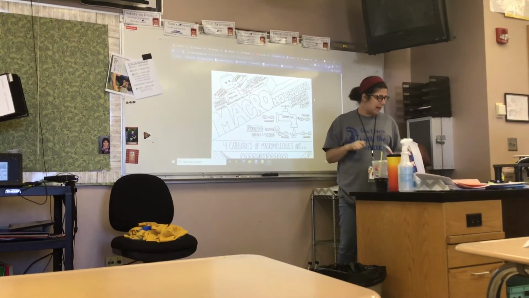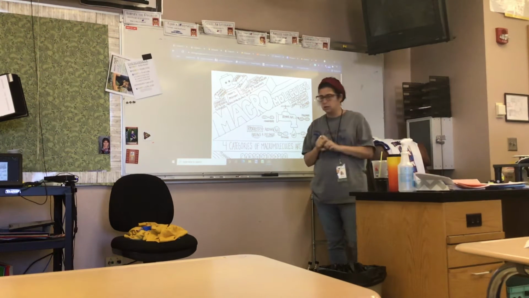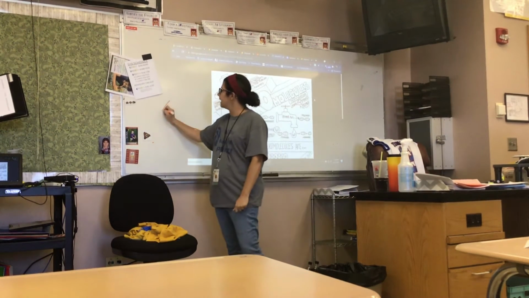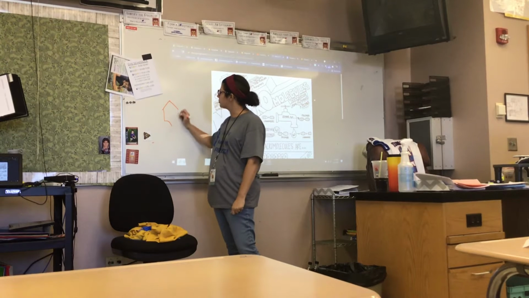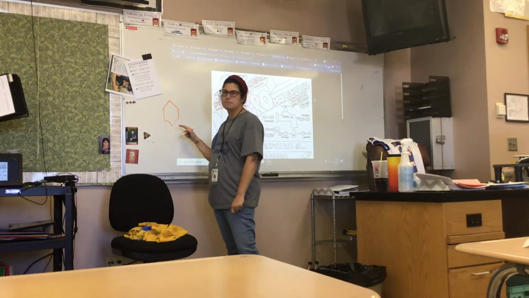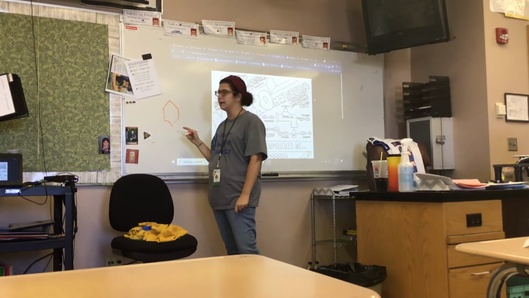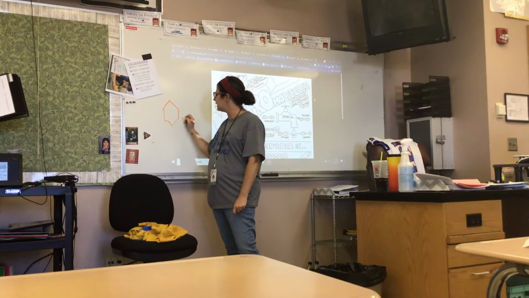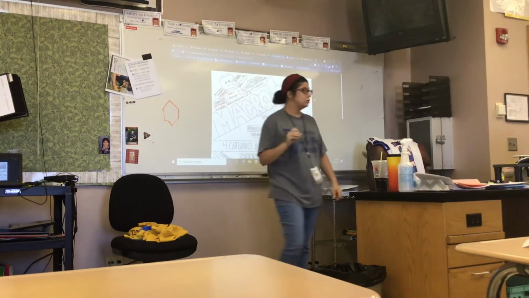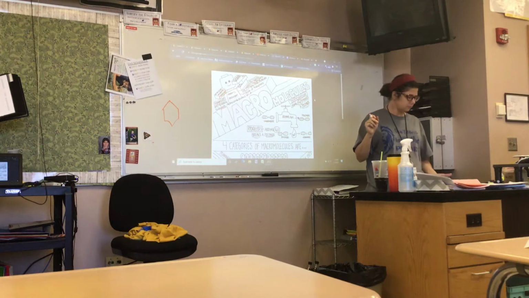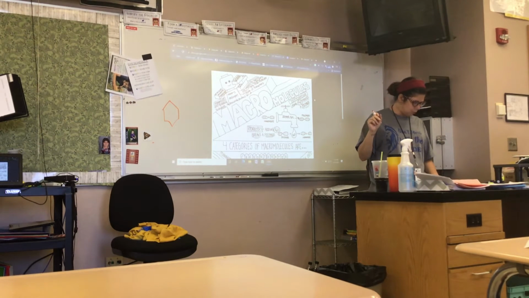Okay, when we have small single molecules, even larger ones, but we're going to start smaller, like this carbohydrate right here, they can sometimes come together and form bigger ones.